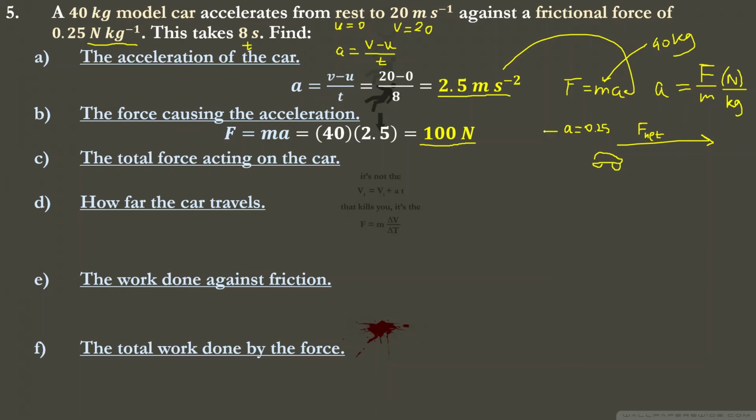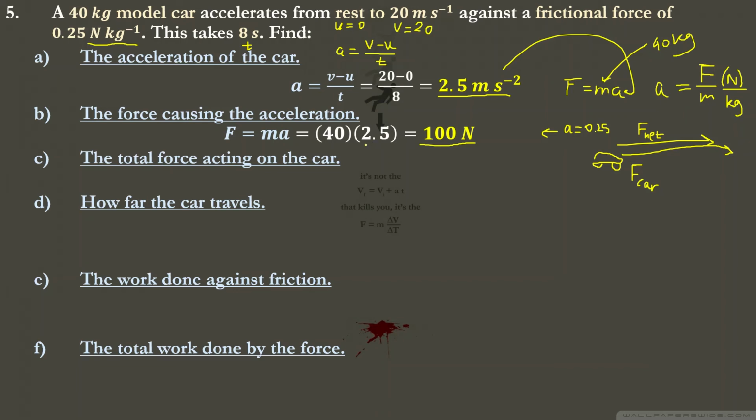So we have acceleration going this way, and that contributes to the overall net force, which means that the actual total force on the car is a bit bigger than the overall net force. Now, to account for that, what you can do is add on that acceleration value.